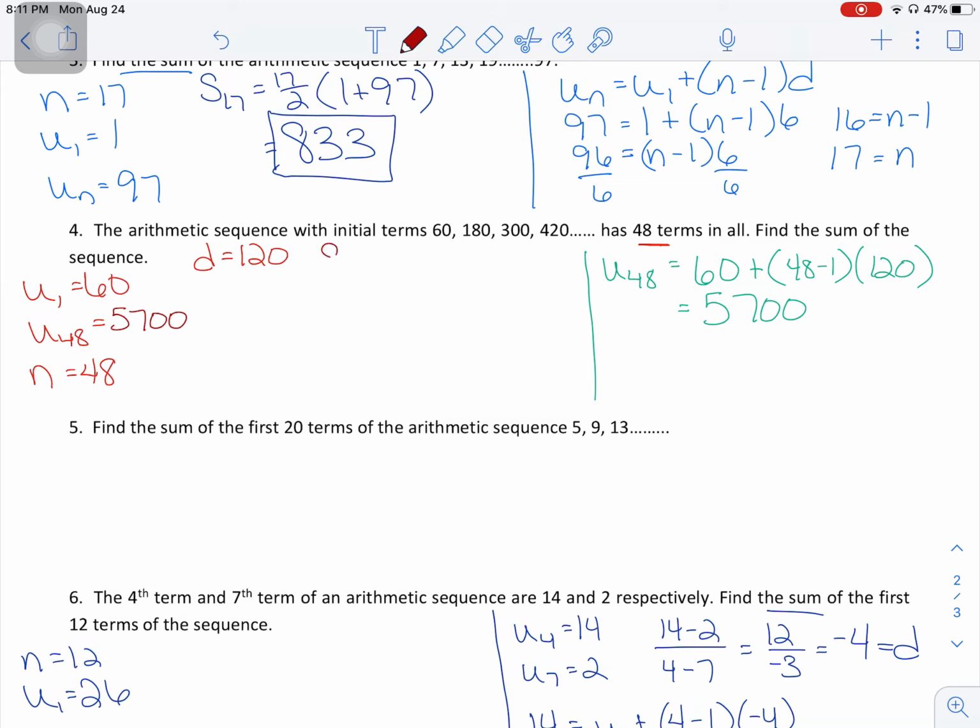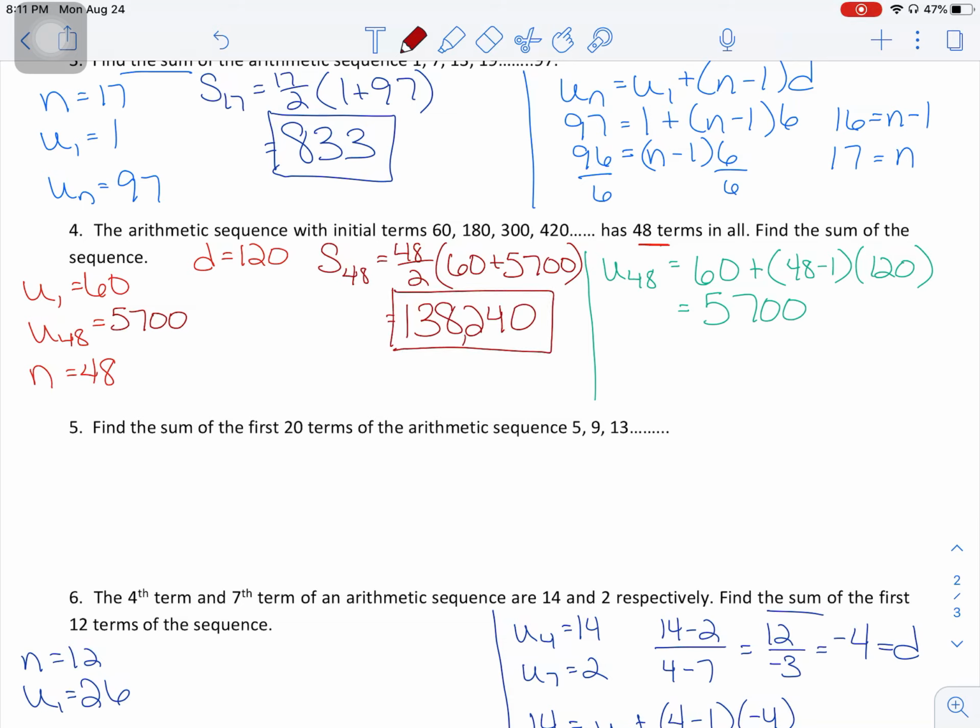So this is the sum of 48 terms. We've got 48 terms divided by 2, times your first term of 60 plus your last term of 5,700. 100% calculator. There's really no part of this test where you are going to be asked to try to do something without a calculator, so fear not about that.